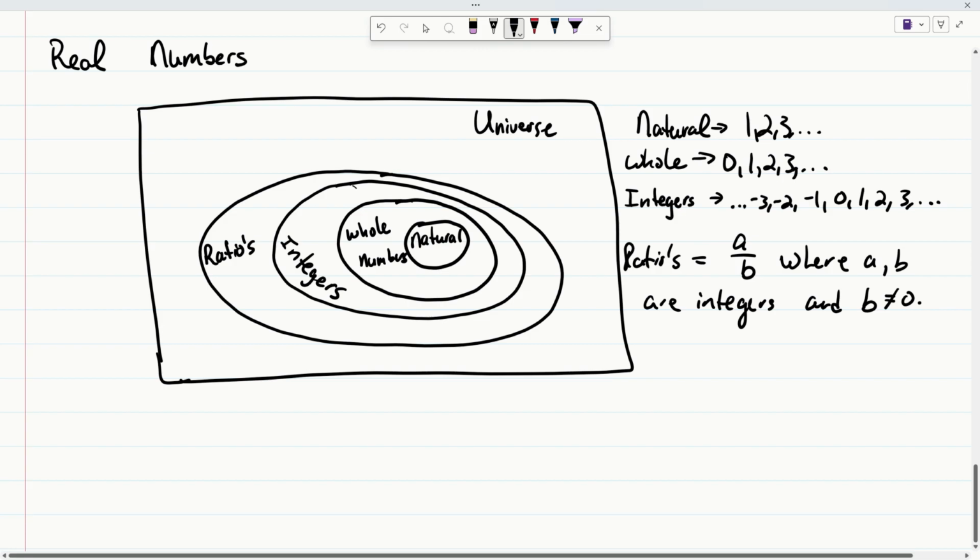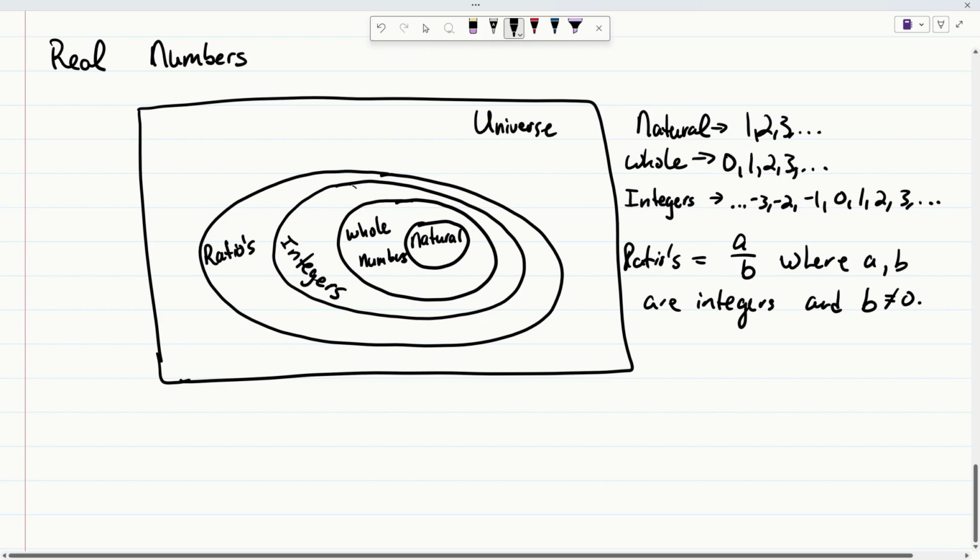So if you think about this, all these things are sitting on top of each other. You have the universe, then the big circle of the ratios. Included within the ratios are the integers. Included within the integers are the whole numbers. Included within the whole numbers are the natural numbers.